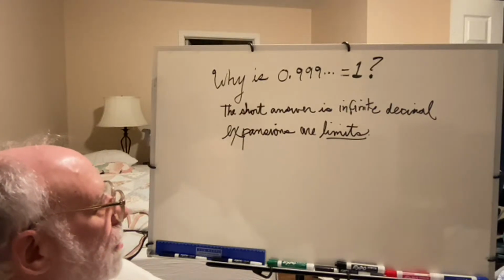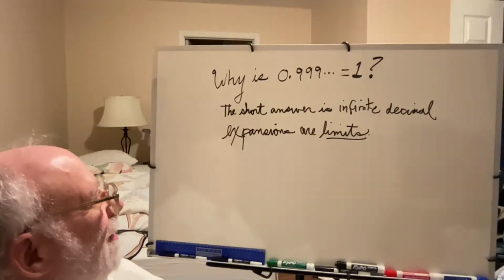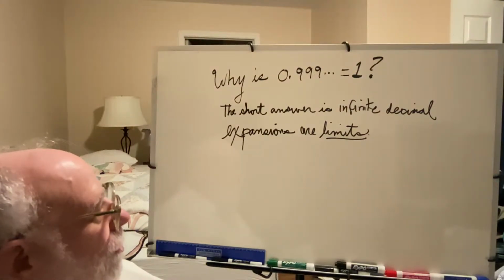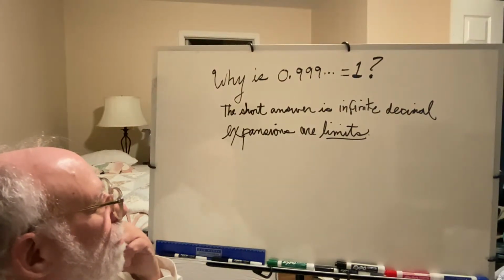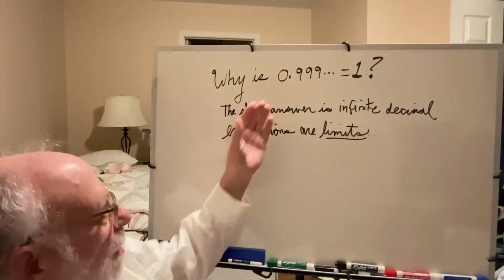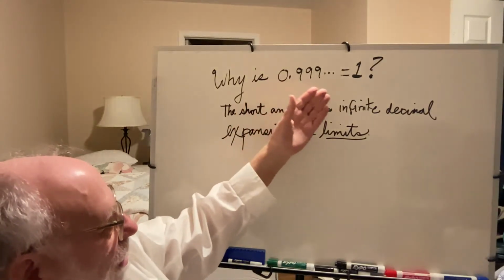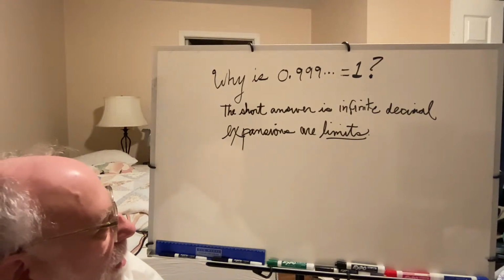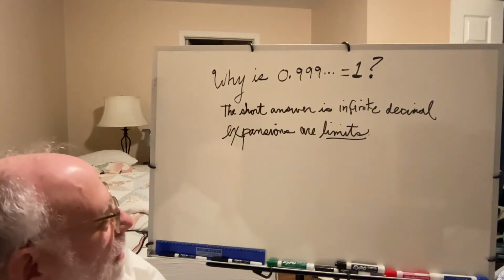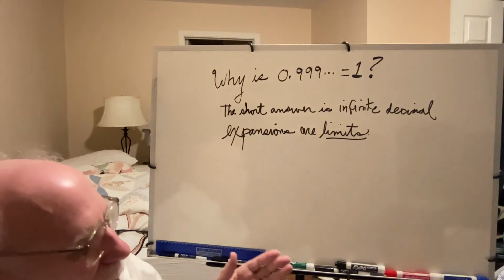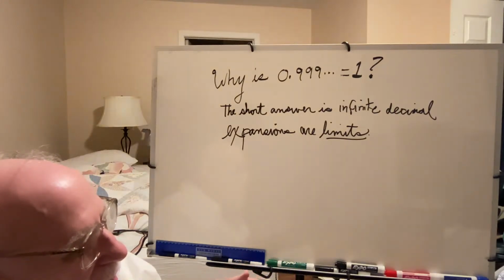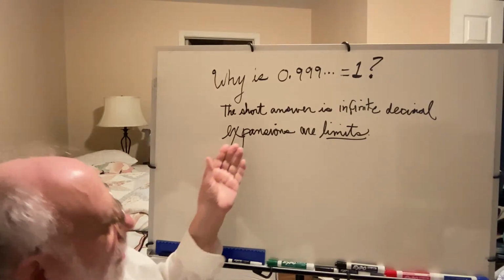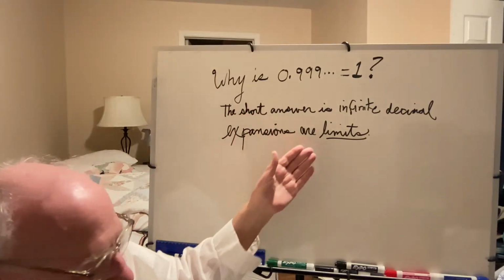What we want to discuss today is a topic that's been mulled over to a great extent on YouTube and other places. We have these repeating nines, and people are telling you it's equal to one, and the answer to why is not readily available. But the short answer is infinite decimal expansions are limits.